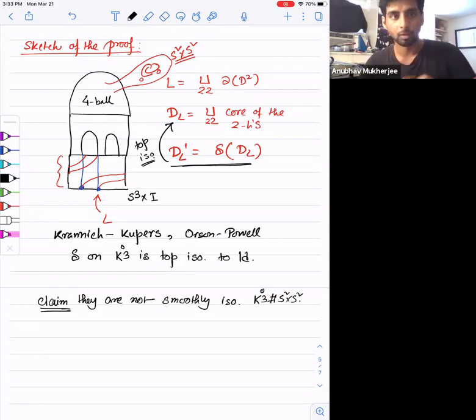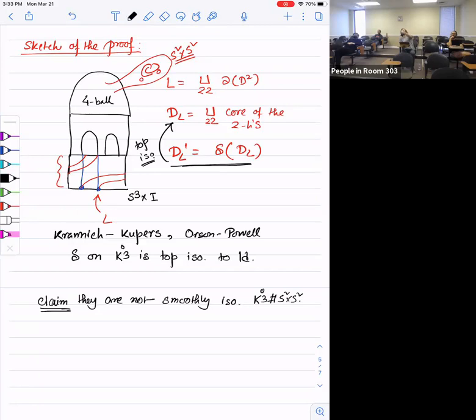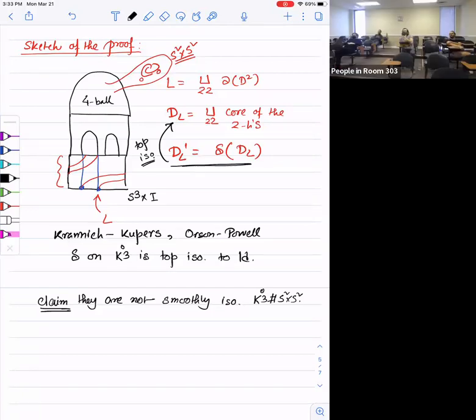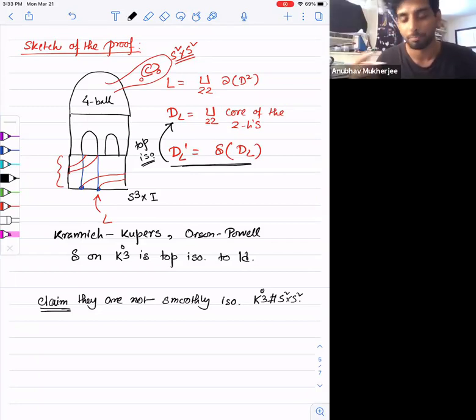Okay, any question before moving forward? Just a silly question: are you applying the Dehn twist to only one of the cores or many of them? Your picture suggests you're only applying the Dehn twist to one. Oh, no, I'm applying it to everything.